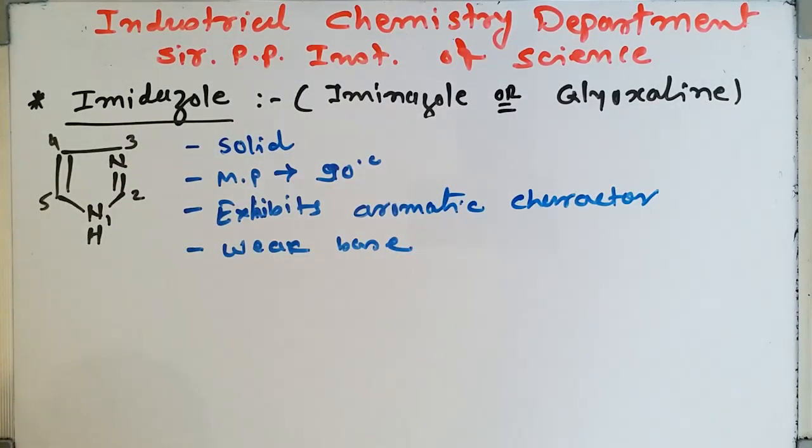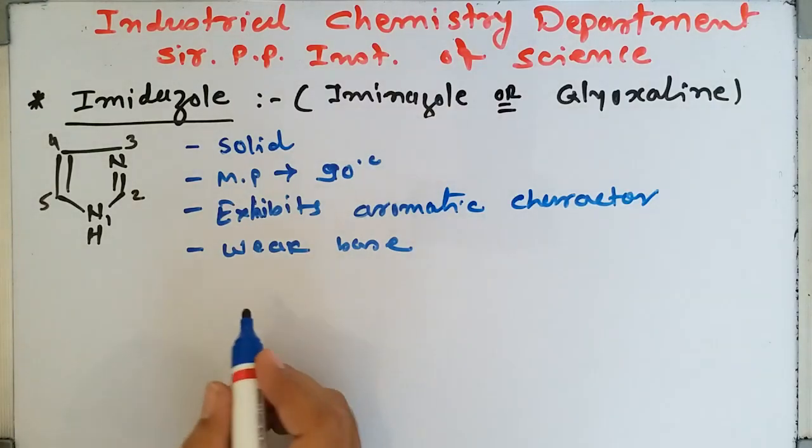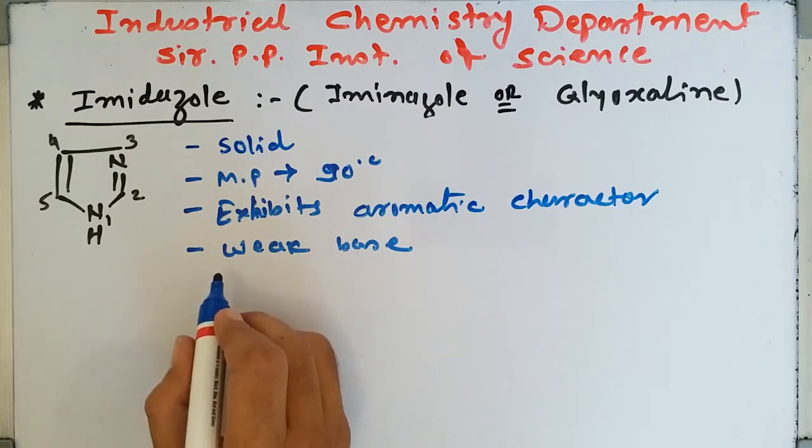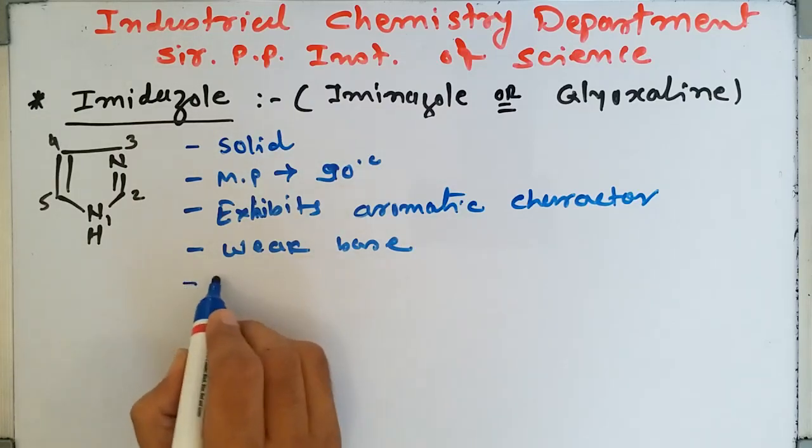It exhibits tautomerism, so positions 4 and 5 must be identical. We write down the tautomeric substitution for imidazole.